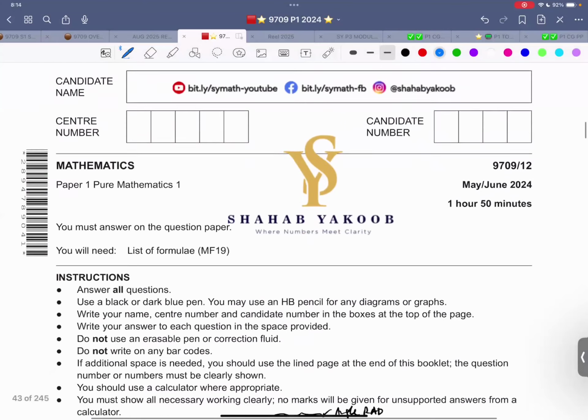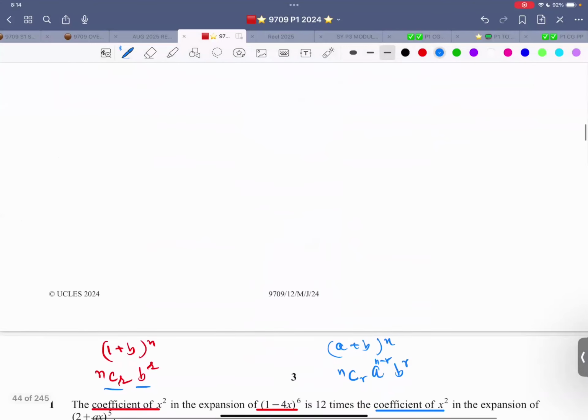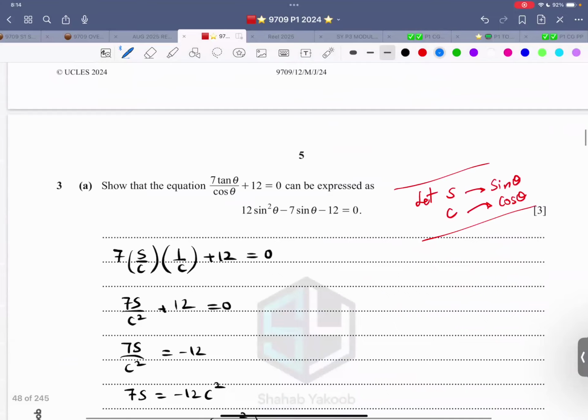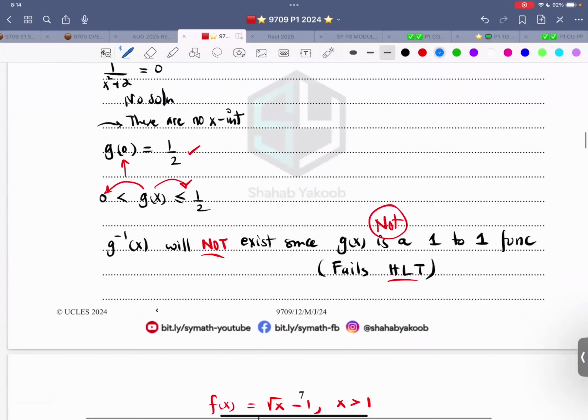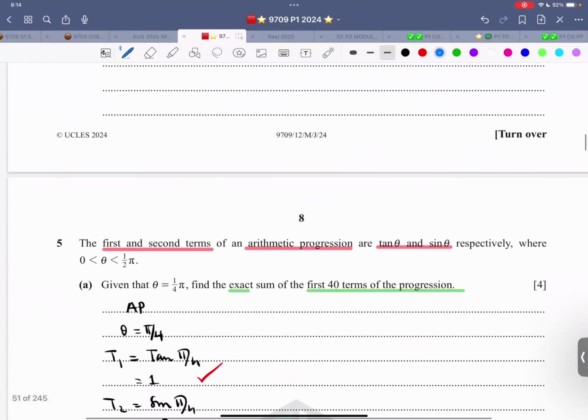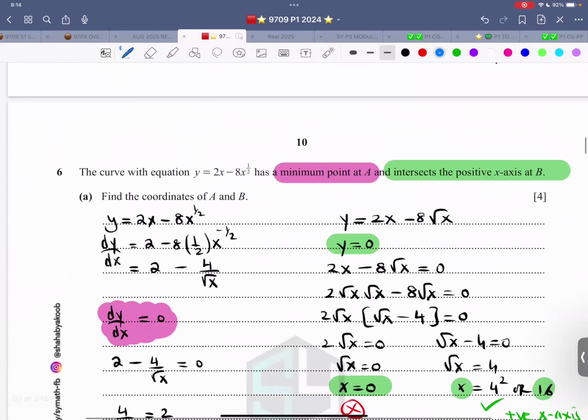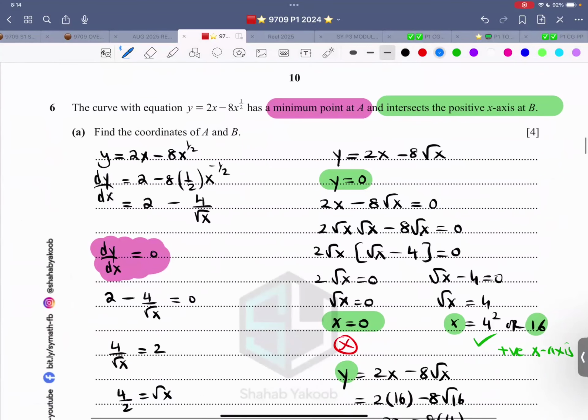Now let me look at this paper, May, June 2024, variant 1, 2, and let me focus on this thing. Okay, a question about maxima, minima.